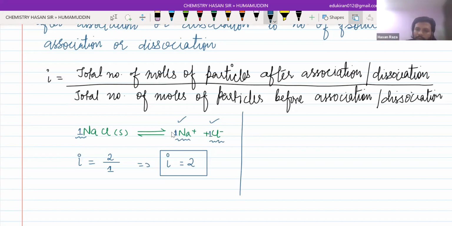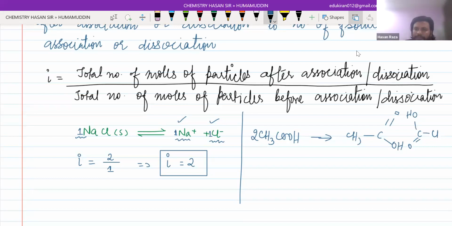Now if you take that example, 2 moles of CH3COOH, which combine together like this, CH3 C double bond O, OH, and again C double bond O, OH, and CH3.